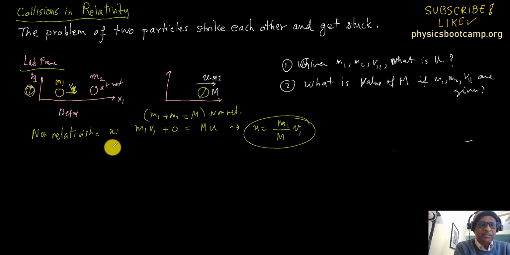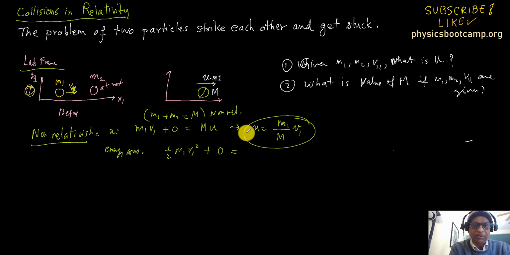We can do energy conservation. So here we have a half M1 V1 squared. We don't use rest energy in the non-relativistic case. Plus 0 is equal to, when you go here, half big M U squared.